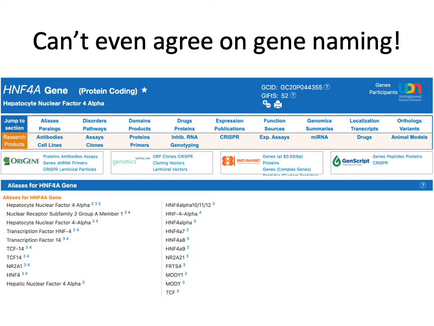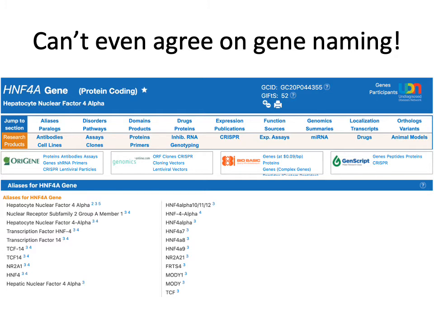And so if we can't even agree on common naming schemes for genes, then you could imagine that there's a ton of different ways of referring to the same concepts when it comes to gene function or pathway or cellular function or things like this.